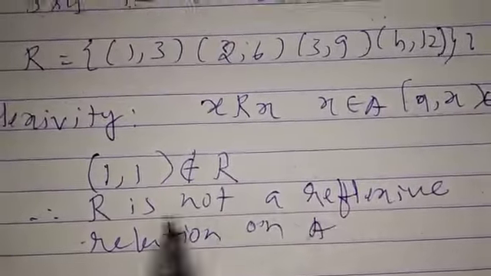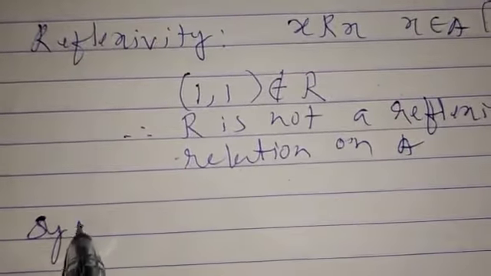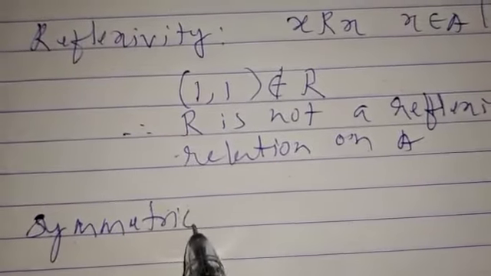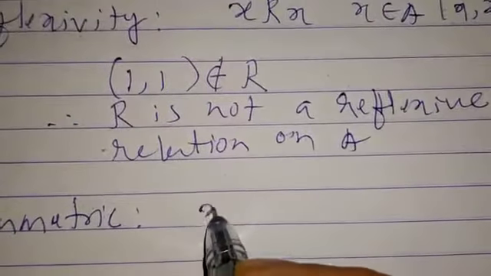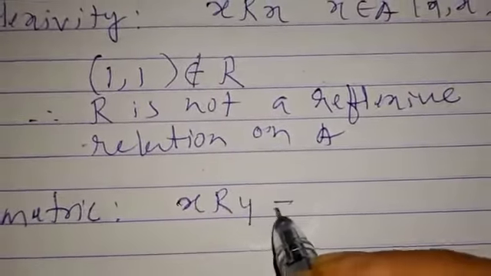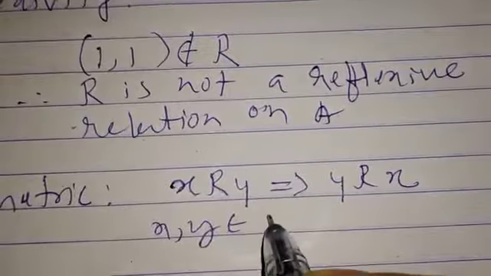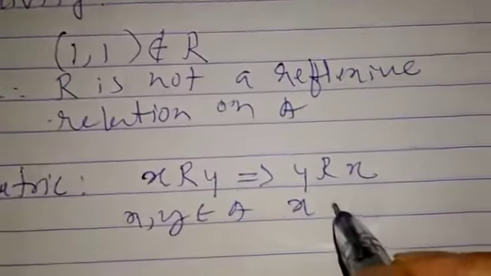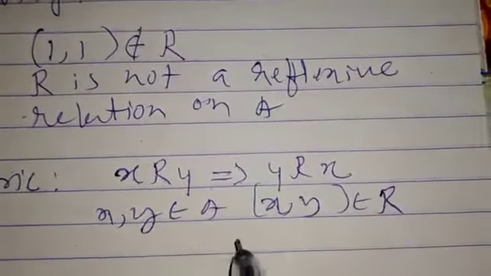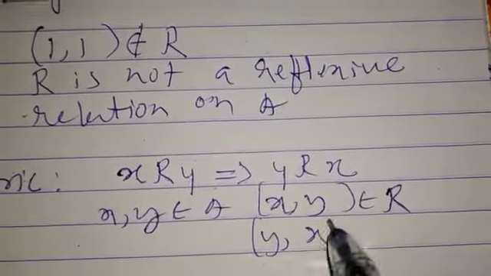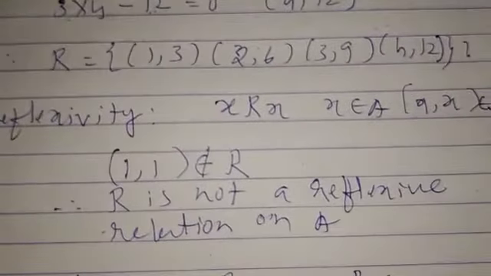on A. Next, the second one is symmetric. The condition for a symmetric relation: x related to y implies y related to x. So x, y belong to A, so (x, y) related to R implies (y, x) related to R. So we check whether such ordered pairs are there or not.